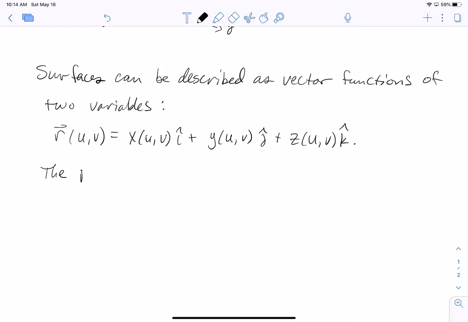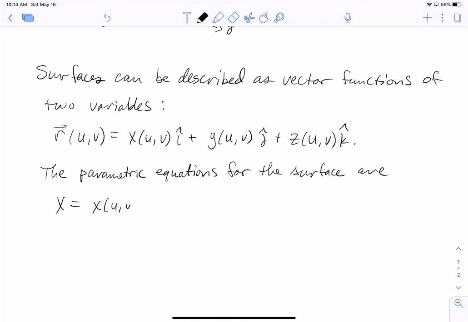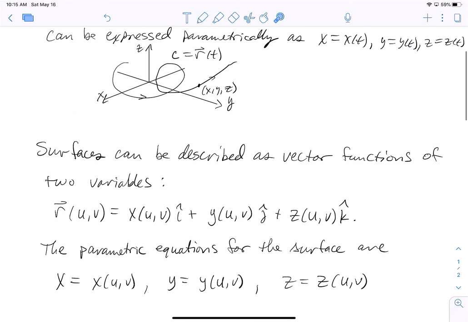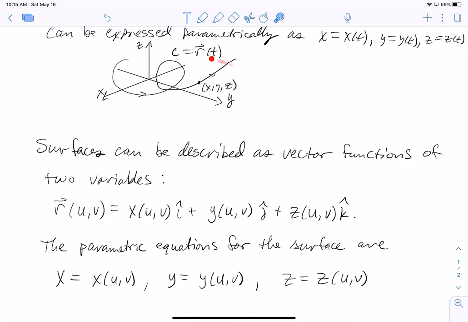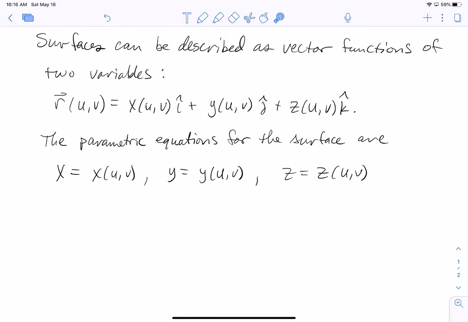The parametric equations for the surface are x equals x of u,v, y equals y of u,v, and z equals z of u,v. As with the parametrically defined curve, where t does not appear in the graph, u and v do not appear in the surface that is generated.